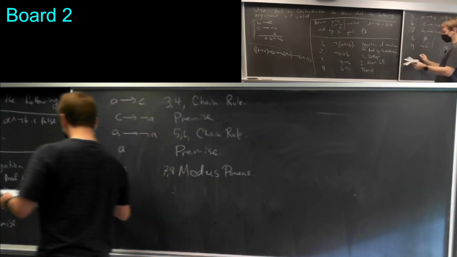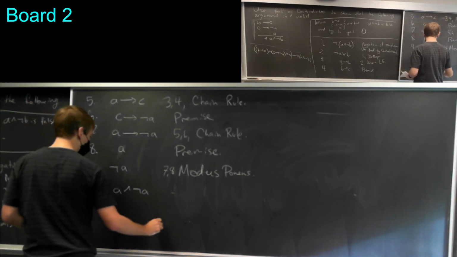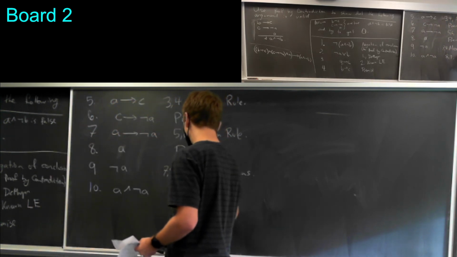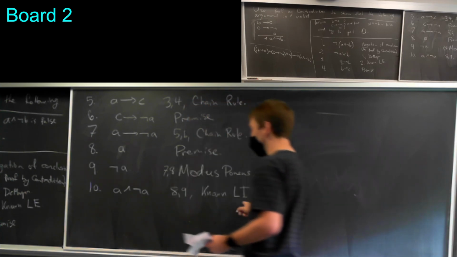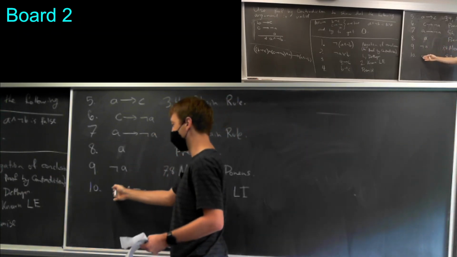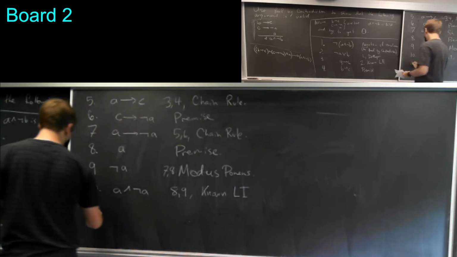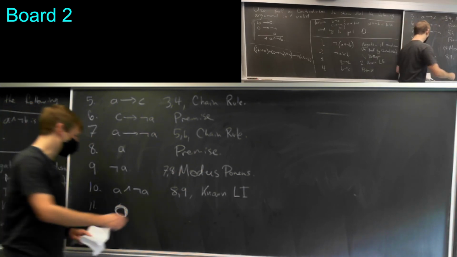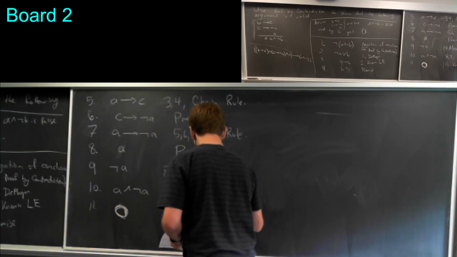And now I've got something ridiculous, right? I've got A and not A by 8 and 9. For this, I'll write a known LI, meaning logical implication. All I'm using here is if I know A and not A, then I know the statement A and not A. Now I'll write 11, my contradiction, my bold 0, by 10 and a known contradiction.